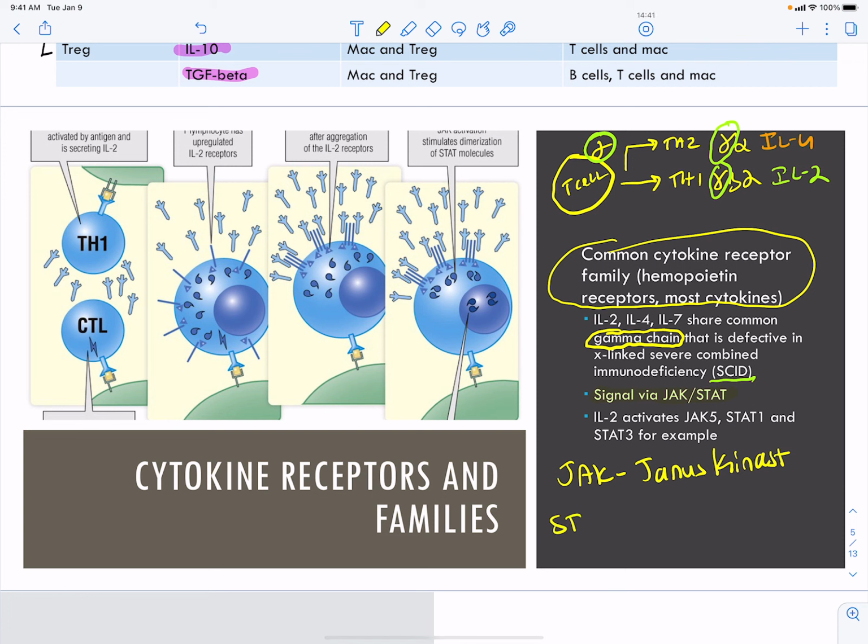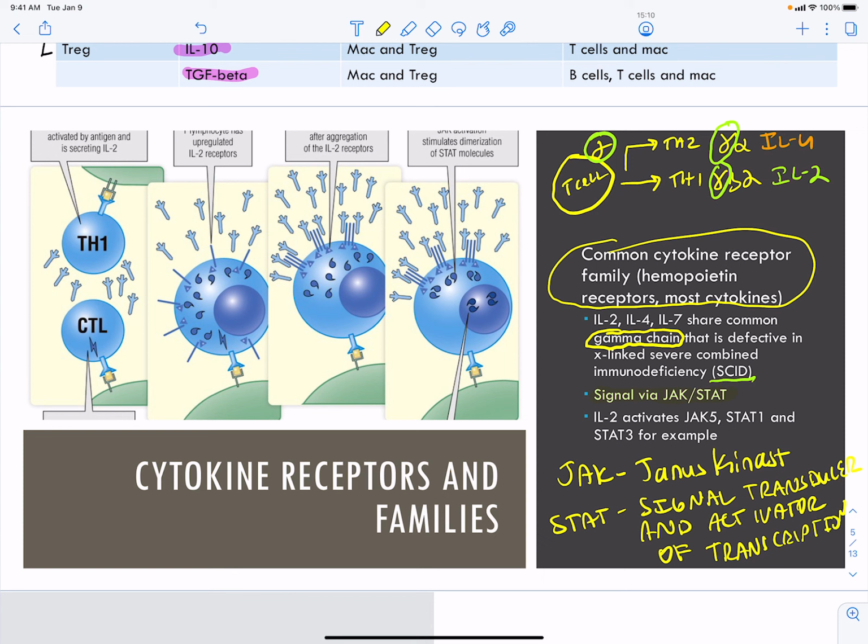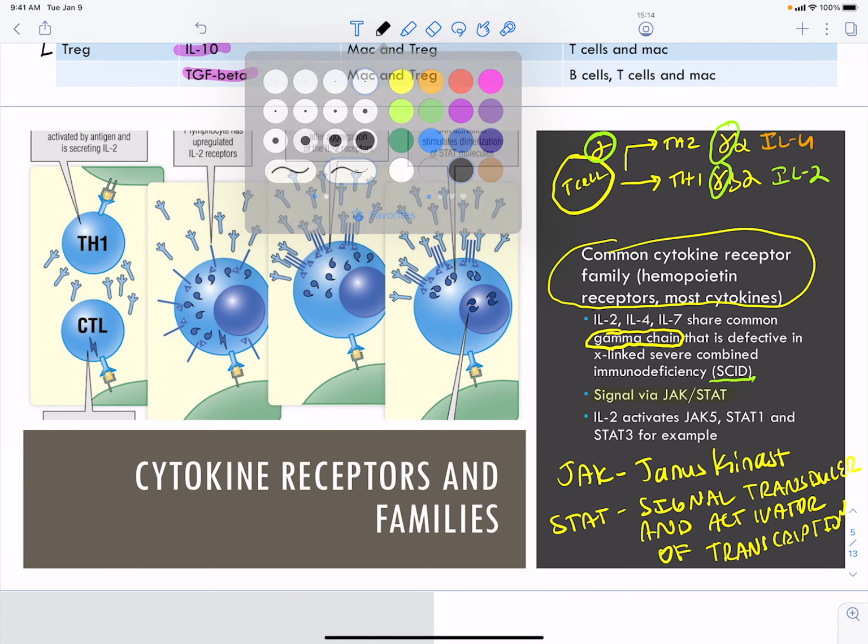And STAT is the signal transducer and activator of transcription. So JAK is associated with the receptor, and your STAT becomes the signal.